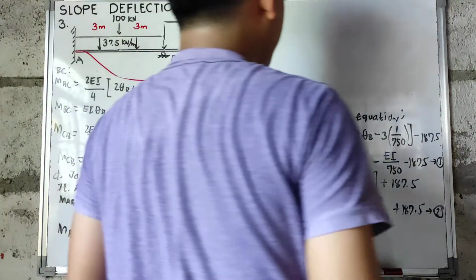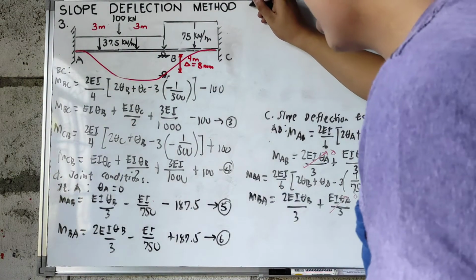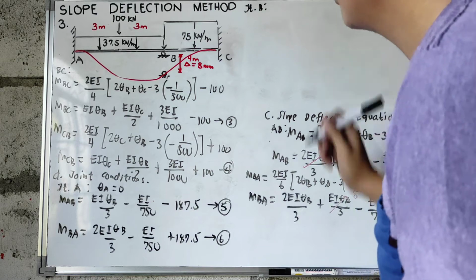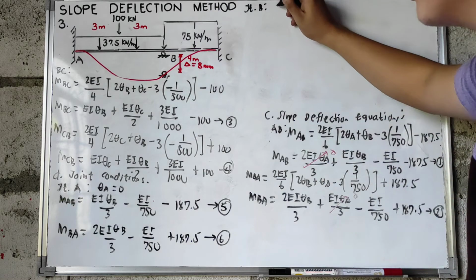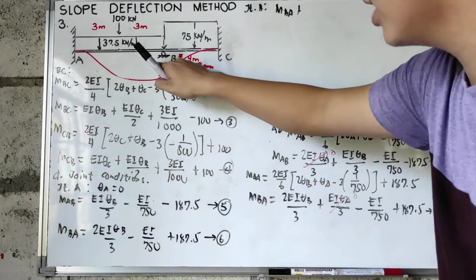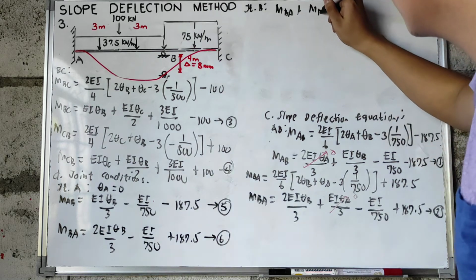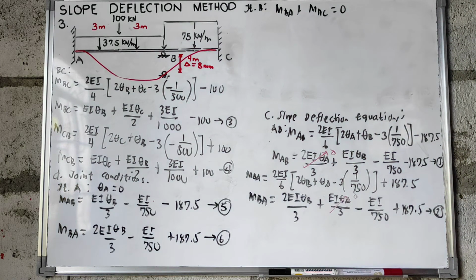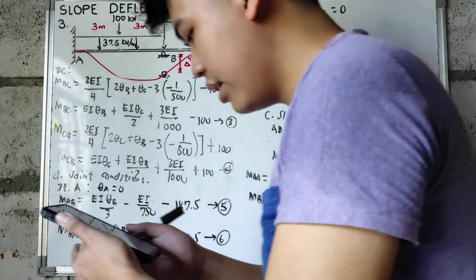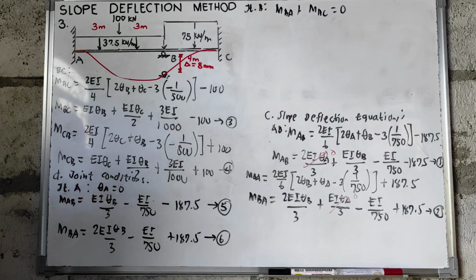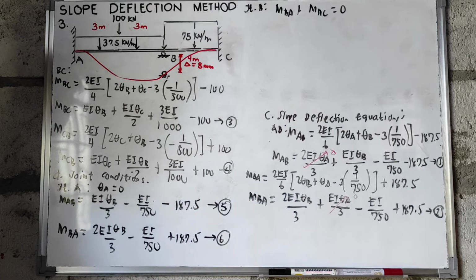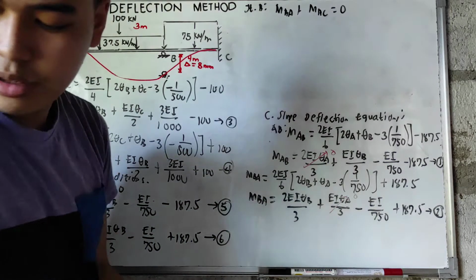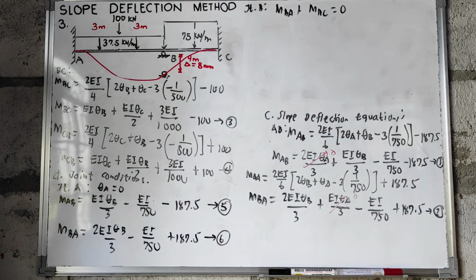So, after joint A, meron tayong joint B. So, for the joint B pala, since it is an internal support, the value of your MBA plus MBC is equals to 0. So kung ilalagay natin yung mga values natin na yan, we will have... for this one pala, huwag muna natin i-consider yung joint B natin.